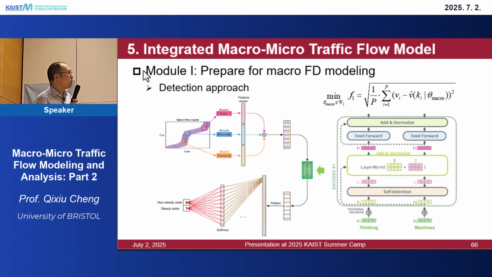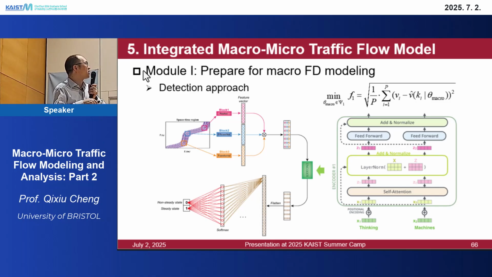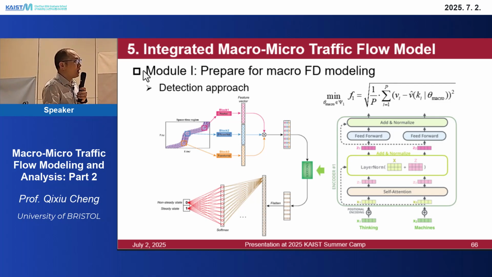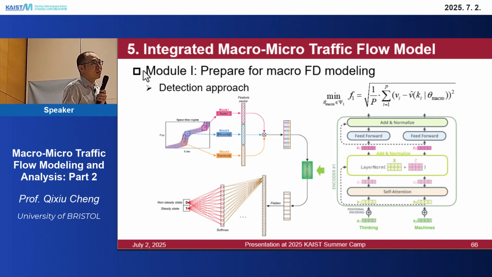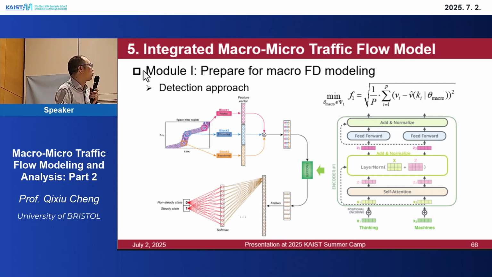Okay, so how can we extract the steady state? We just divide the whole space-time trajectory into very small cells, and for all the small cells, we use different deep learning algorithms. In this case, we use 3 blocks: ResNet, EfficientNet, and transformer. These different blocks can be used for feature extraction.